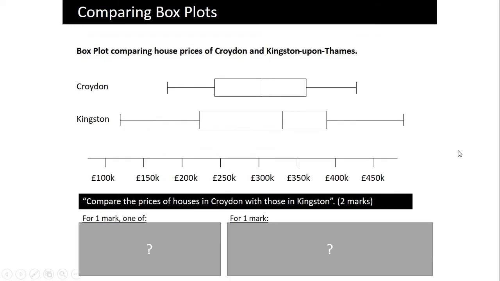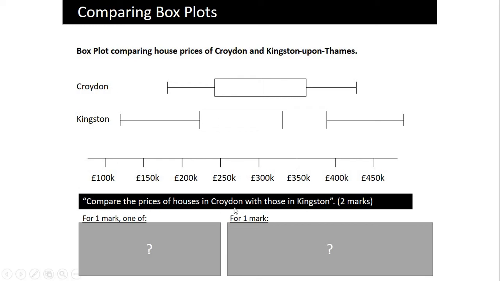Comparing box plots then, this is very common in GCSE, and the best way to get maximum marks is you must be comparing the median, and you must be comparing one of either the range or the interquartile range. So here we have box plots comparing house prices of Croydon and Kingston upon Thames.